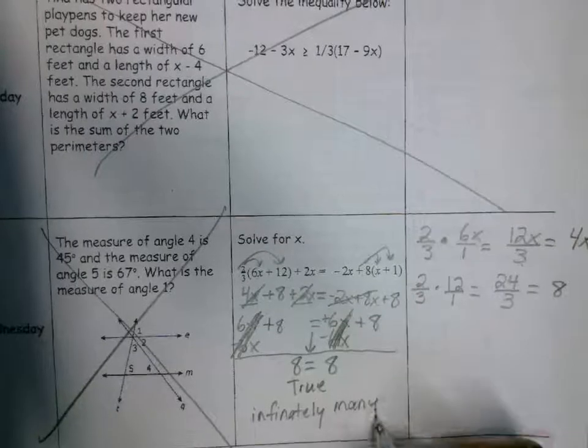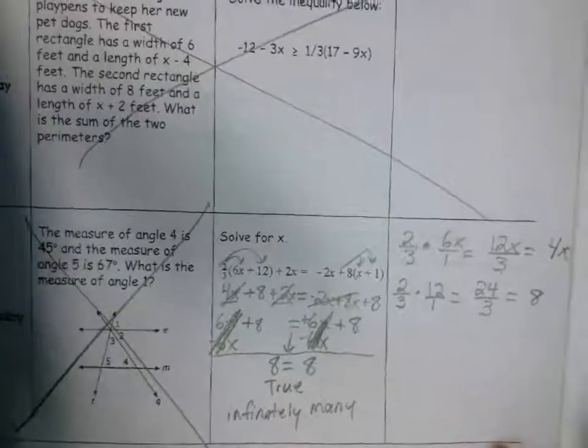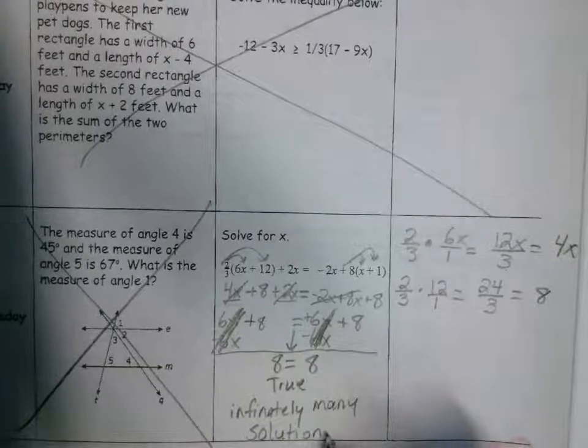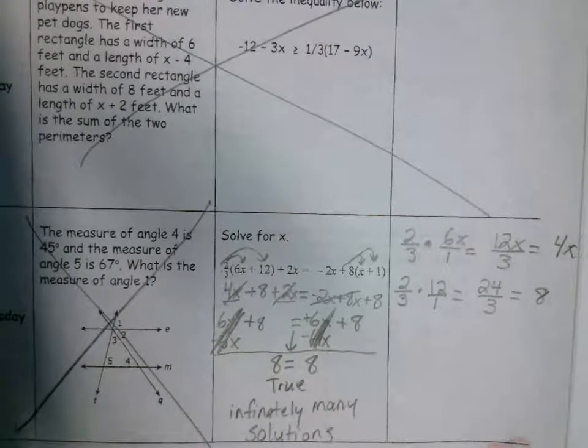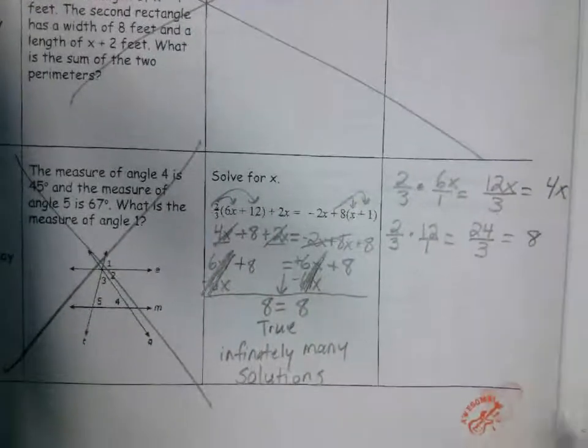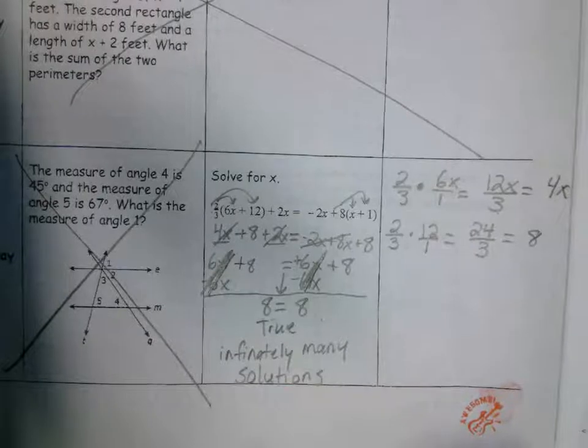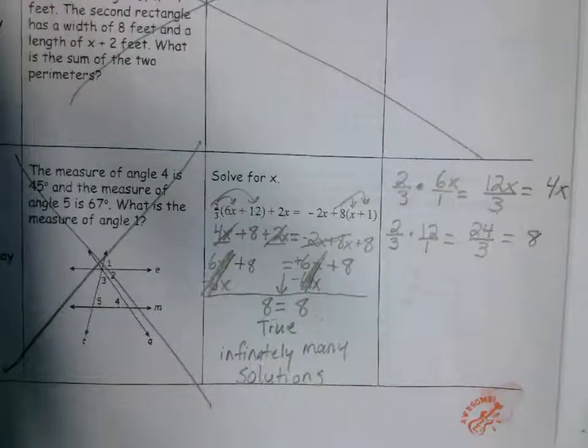That means every single number that you plug in is going to work. And why? Because the variables canceled out and both sides of this equal sign are true. I'm going to pause to give you a chance to write.